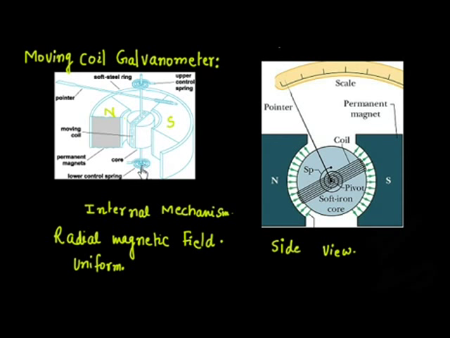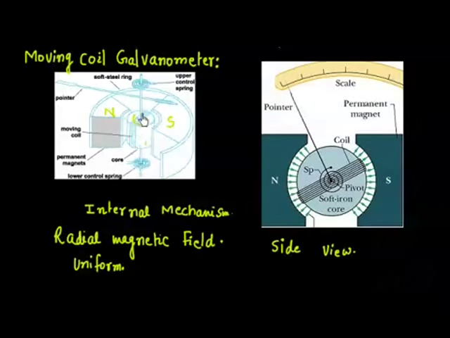The iron core is fixed on a rod, and the lower end of the rod is connected to a spring, the pivot. This is a torsional spring. On the upper end it is also connected to a spring. So if you try to rotate this iron core, this cylinder kind of thing, the two springs will try to oppose, and that's why these springs are called torsional springs.